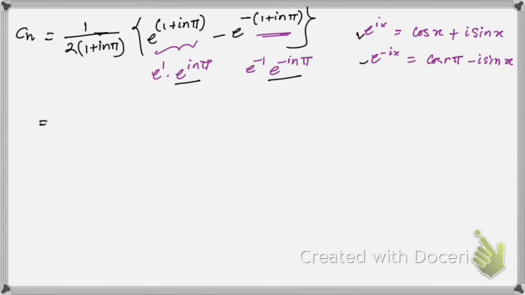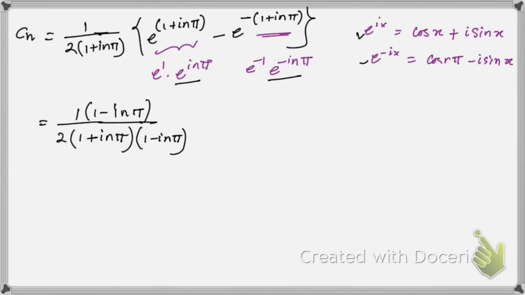So if you replace x by n pi, then what you're going to get is 1 by 2, (1 minus 1 plus i n pi). Let me multiply by the conjugate of this as well, 1 minus i n pi here, and here also 1 minus i n pi, multiplying the numerator and denominator by the conjugate, right?